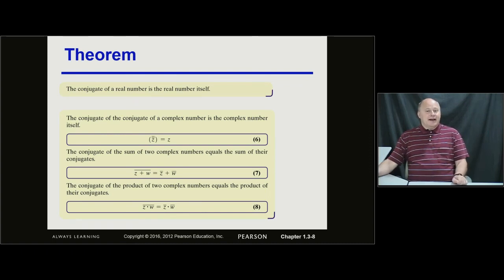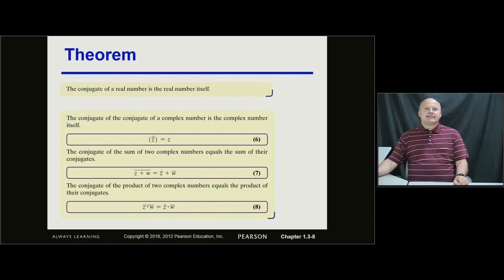So when I said 9, it's really 9 plus 0i, if you want to get technical. So the conjugate of that would be 9 minus 0i, which is still 9. Whether you add 0i or you subtract 0i, it's still 0i and becomes 9 nonetheless. So that's a really trivial theorem, but it is true.